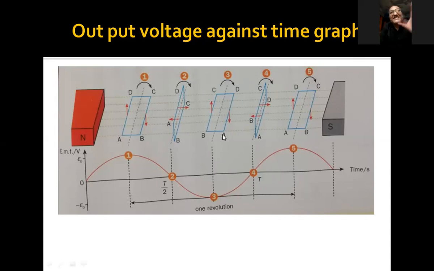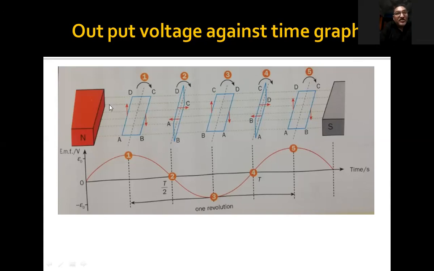A very interesting thing. See, in the first position, when the AD conductor was moving upward, the current which was induced was flowing from A to D. But in this position, when the AD conductor is going downward, the current which is induced is flowing from D to A, towards me.